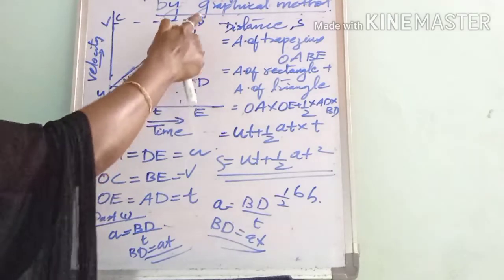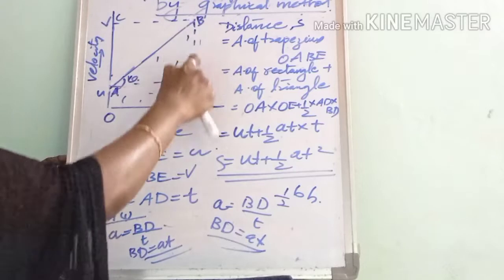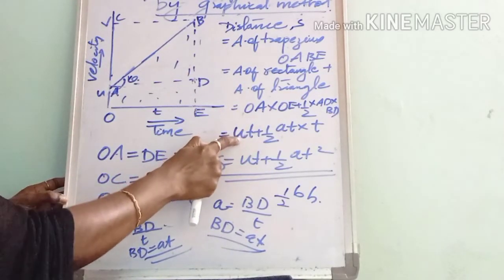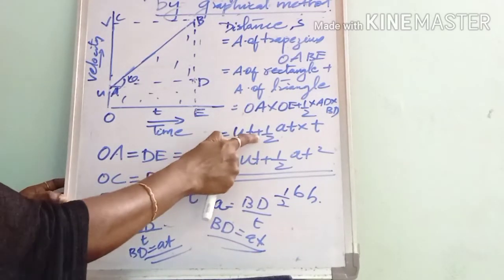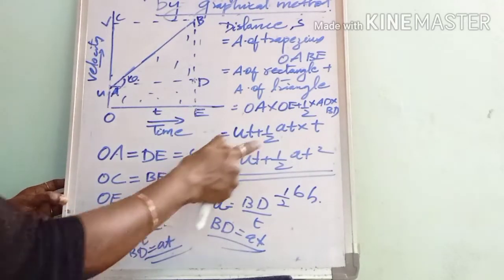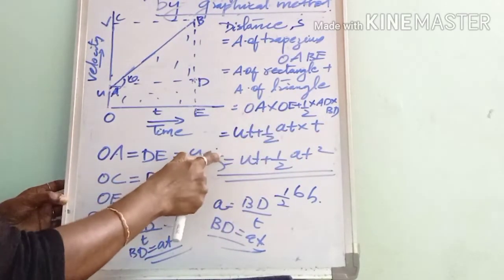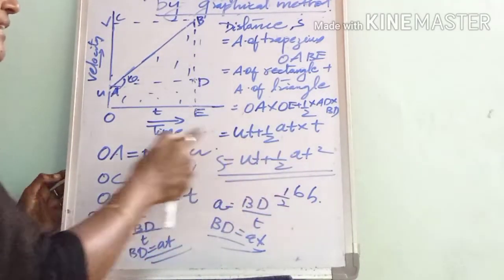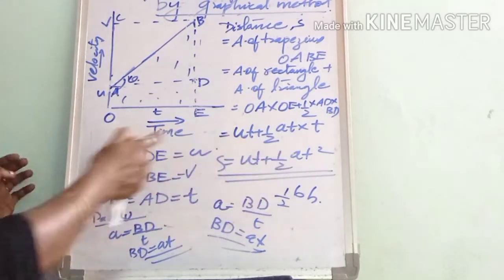It is a right angled triangle, so half into base AD into height BD. Substituting OA is U, OA is T, AD is T and BD is AT, we got S equal to UT plus half AT square. That is the second relation, the position time relation.